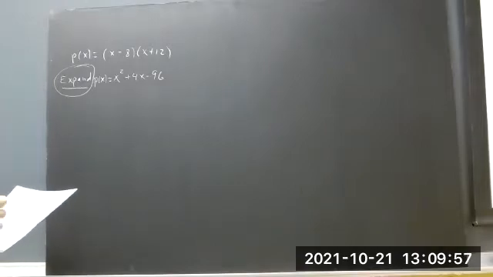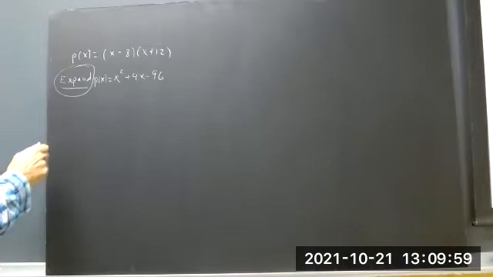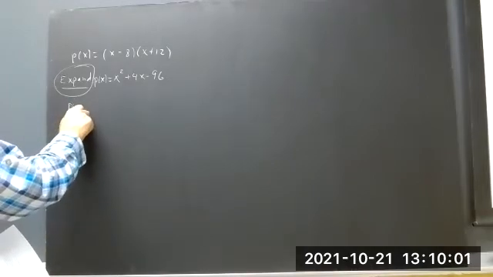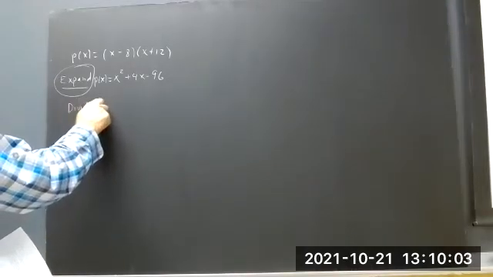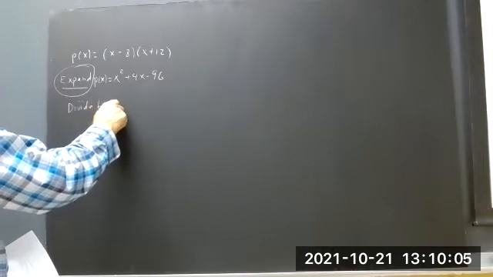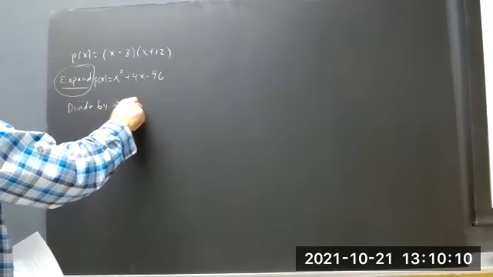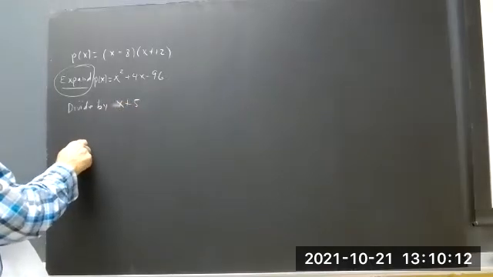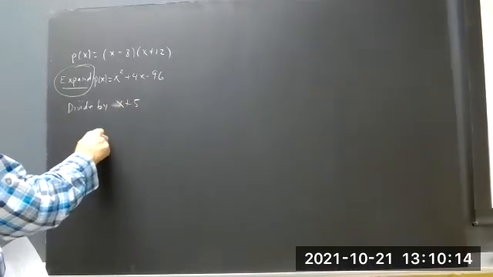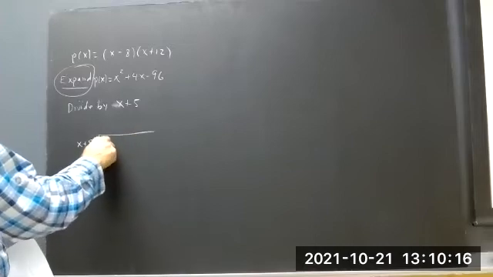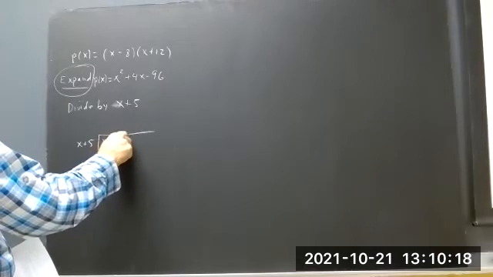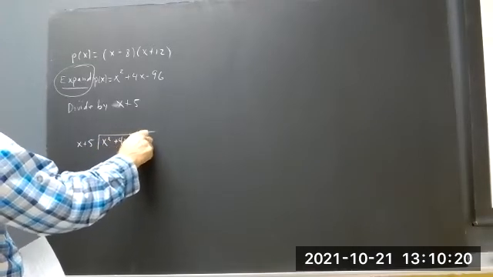Okay. Now divide by x plus a. Let's say x plus 5. What we do, we get x plus 5 into x squared plus 4x minus 96.